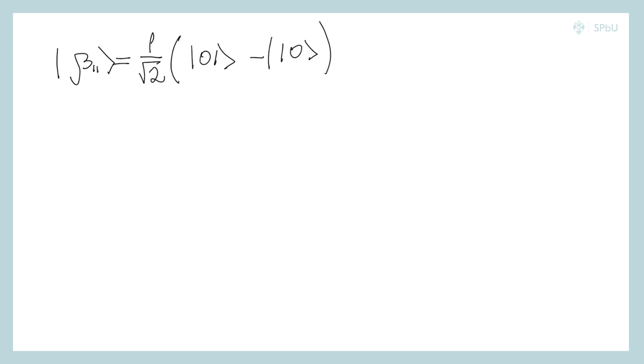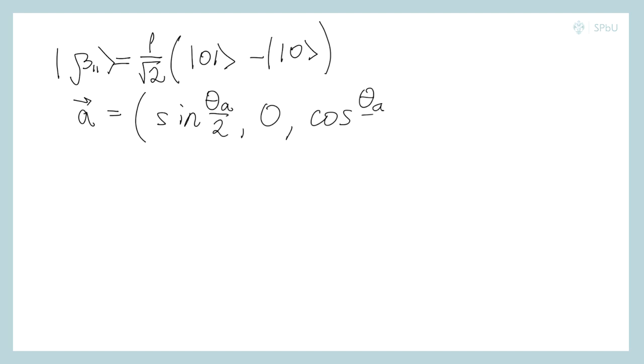Let's consider the singlet Bell state beta 1,1. That is 1 over the square root of 2, 0, 1, minus 1, 0. Let's take a direction A, which is sine theta A in half, 0, and cosine theta A in half.